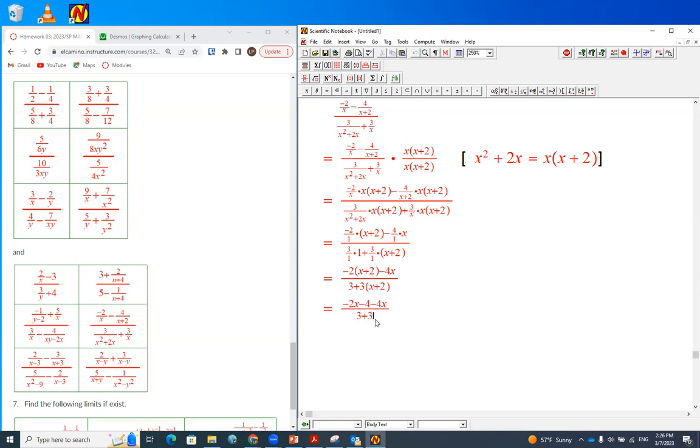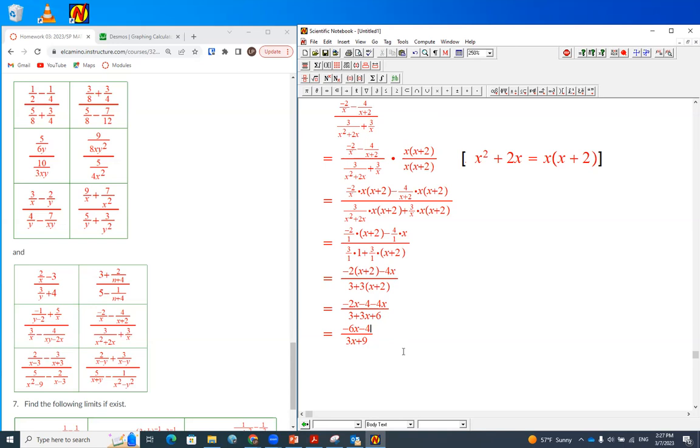So 3x plus 6. And we combine like terms in the numerator and combining terms in the denominator. Over here, you're going to have 3x plus 9, right? On the top, we get a -6x, okay, -4.